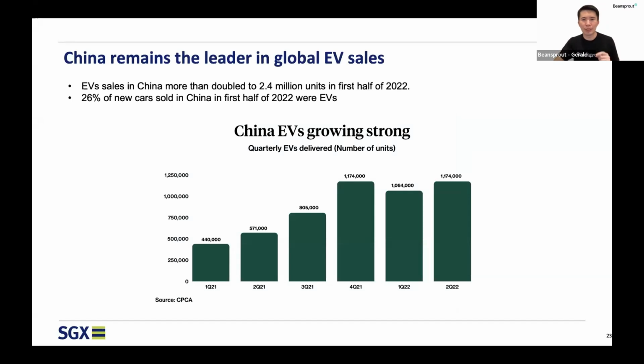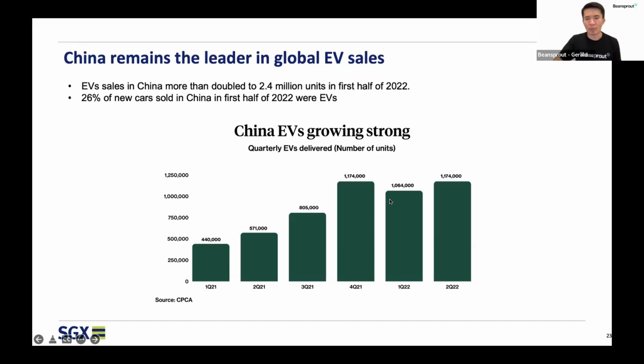Okay, so we go deeper into looking at the China EV sales. If you were to look at the first half of this year, we mentioned that for some of the EV manufacturers like NIO and Xpeng, the deliveries actually slowed down in the second quarter of this year.